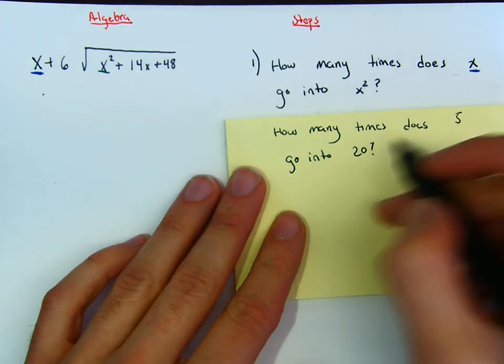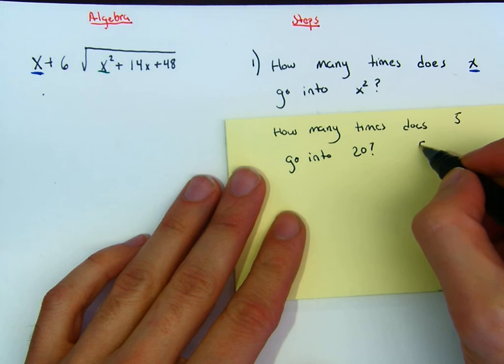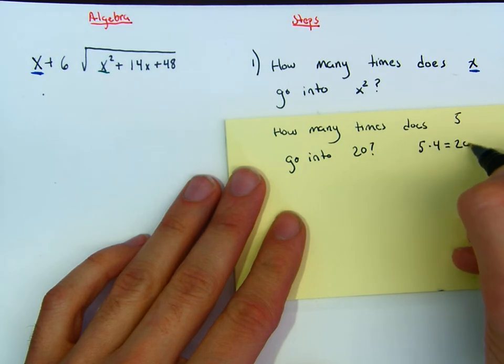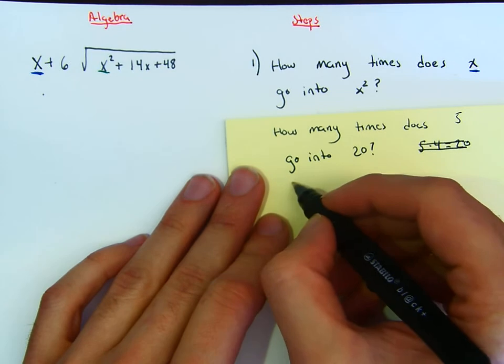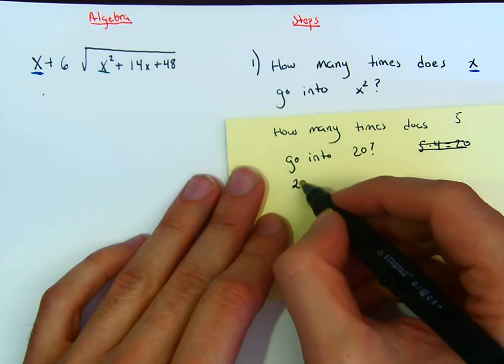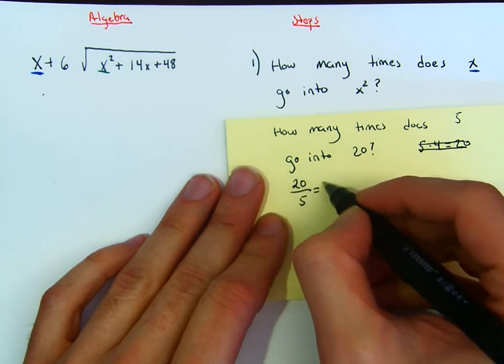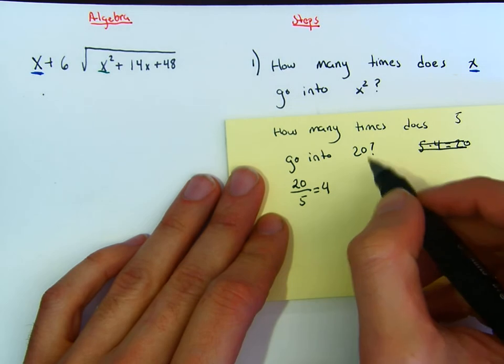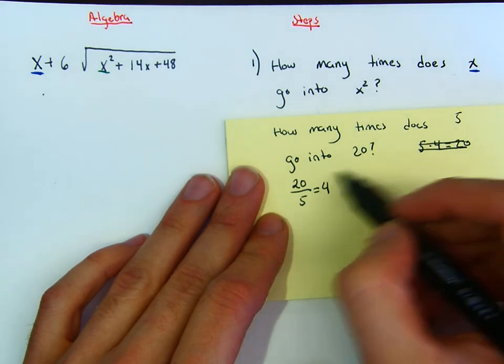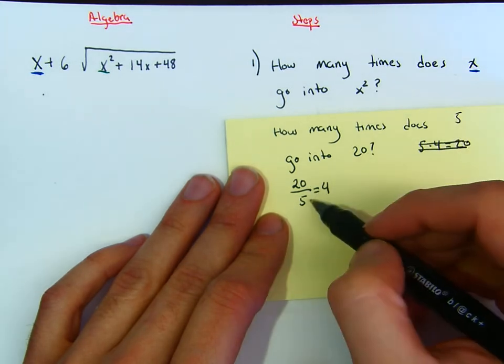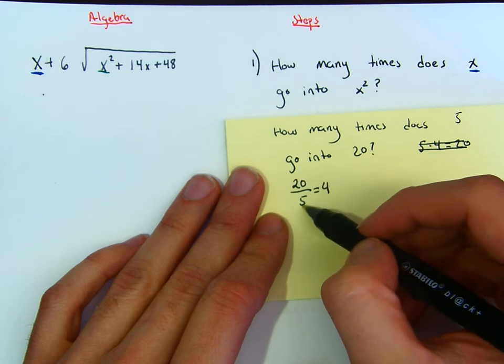It goes in 4 times. But try and look at it this way: what you're doing is 20 divided by 5, and that's 4. Notice the 20 is on top, and 5 is on the bottom, or this is the numerator, this is the denominator.